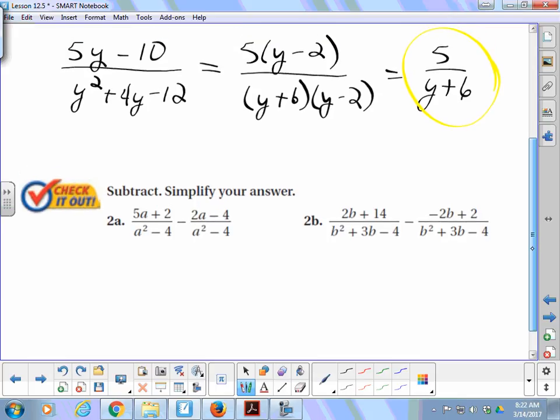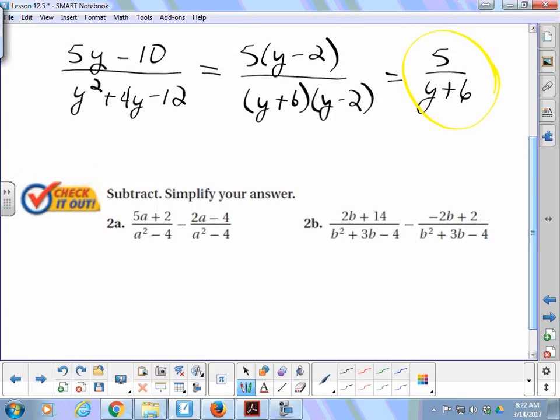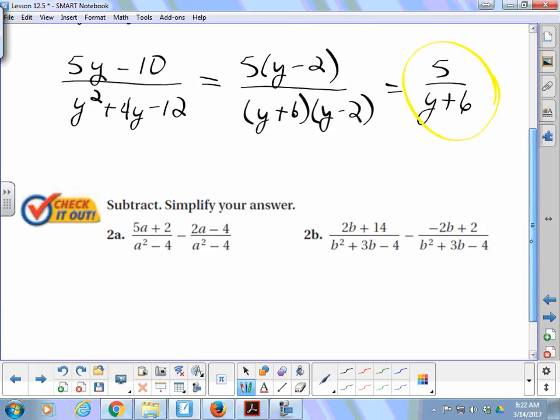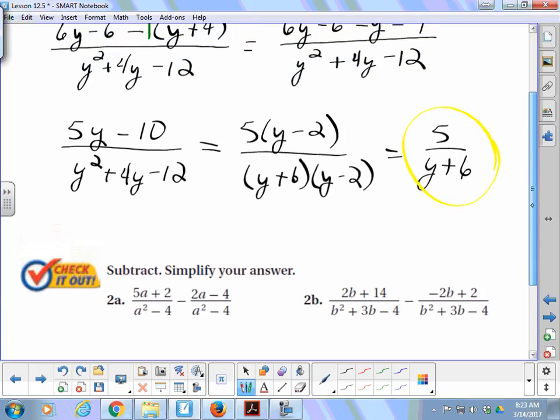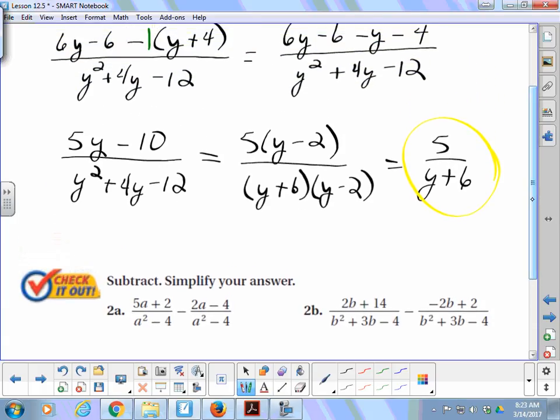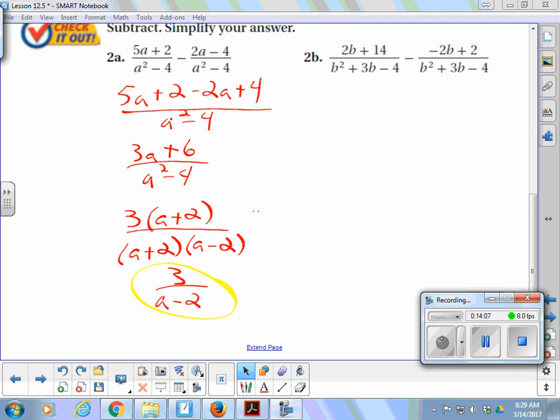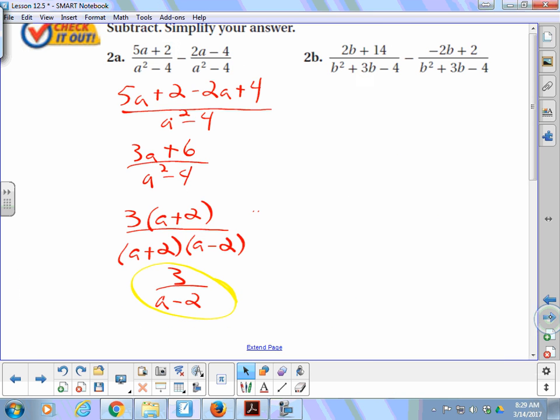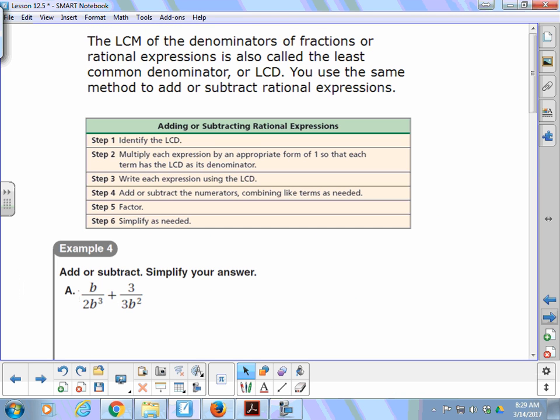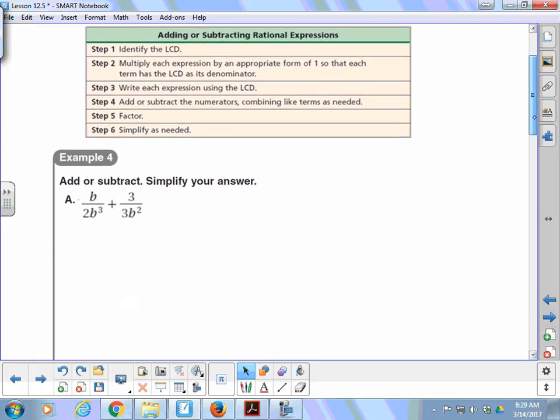So let's just do letter A down here. If we don't have a common denominator, we have to determine the least common denominator first.